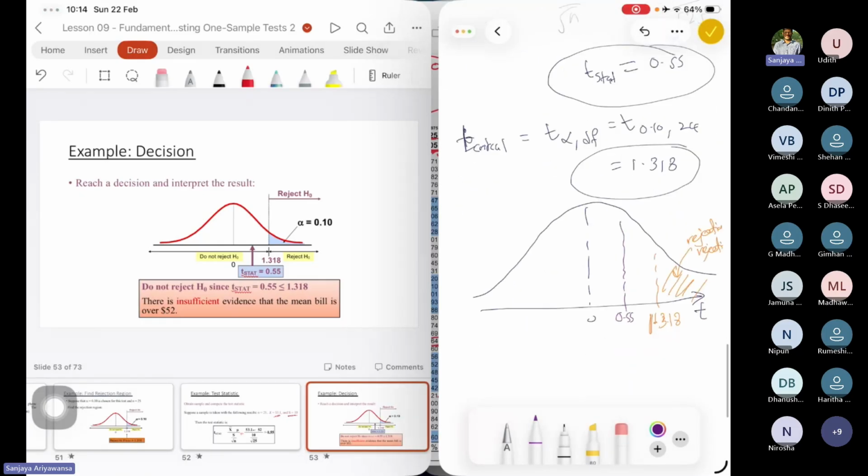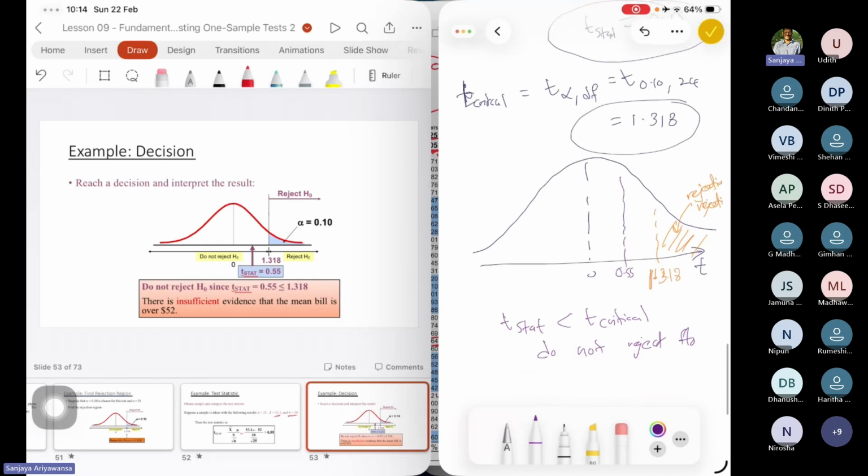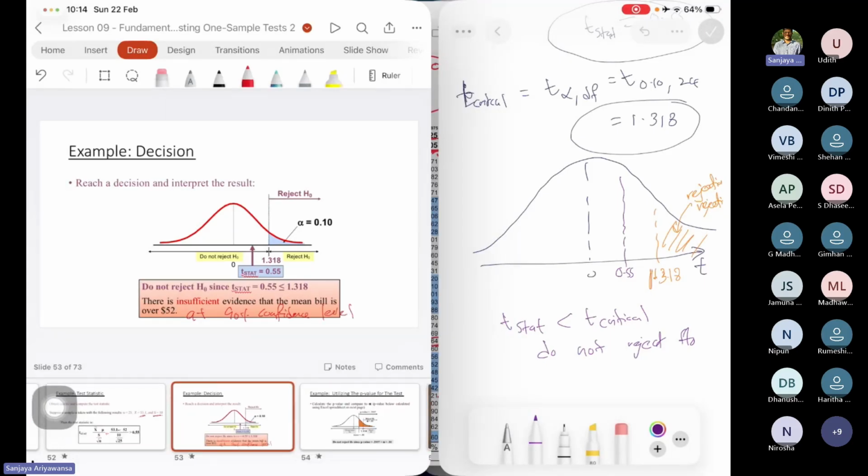Because your t test statistic is less than your t critical value, you do not reject your H naught. So there is insufficient evidence that the mean bill is actually over $52 at the 90% confidence level.